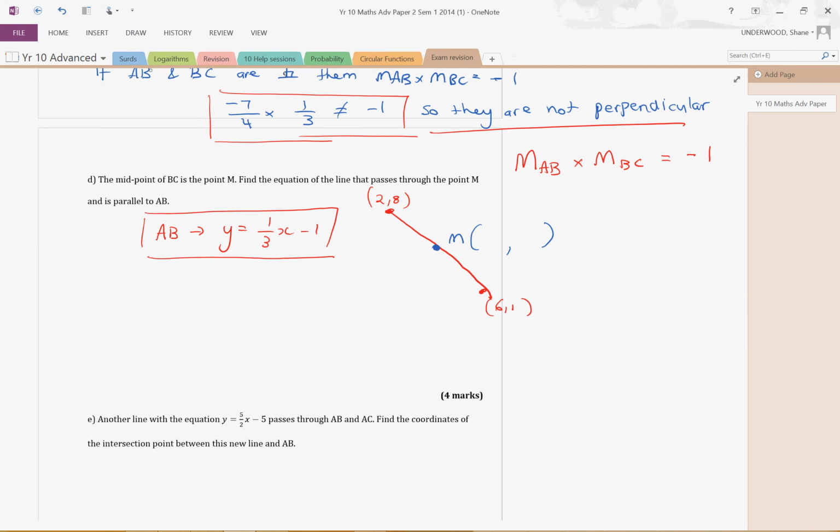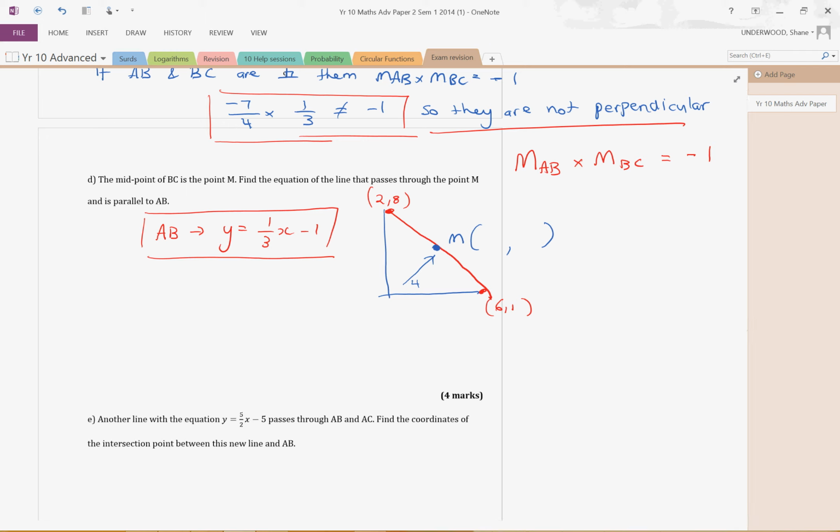Okay, now first of all, to find the midpoint, we have to add the coordinates and divide by 2. Or it's like the halfway. What's halfway between 2 and 6? That's 4. What's halfway between 1 and 8? That's 4.5.